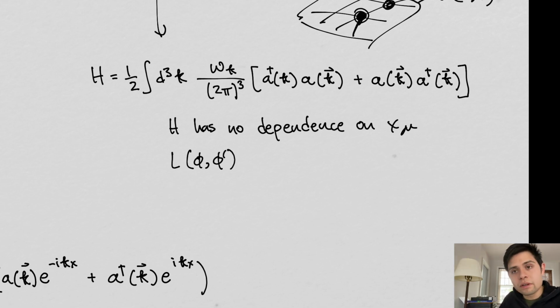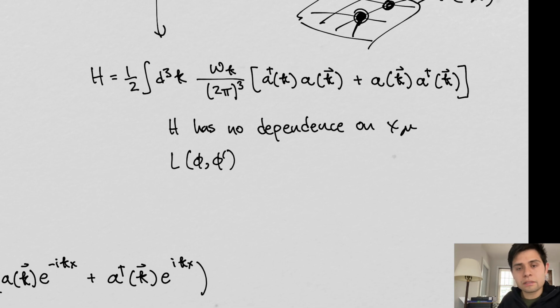So we had derivatives of phi and phi. And those are what define the Lagrangian. So in some sense, you don't really have x dependence here, but you have to recall also that phi has x dependence, or has space-time coordinate dependence in it. So in some very real sense, the Hamiltonian can be thought of as more fundamental. It's something that doesn't depend on the space or time of the field.